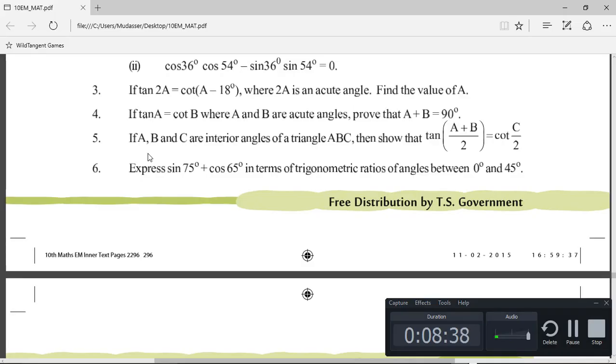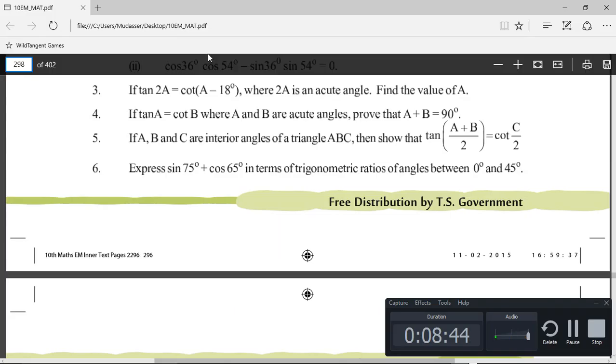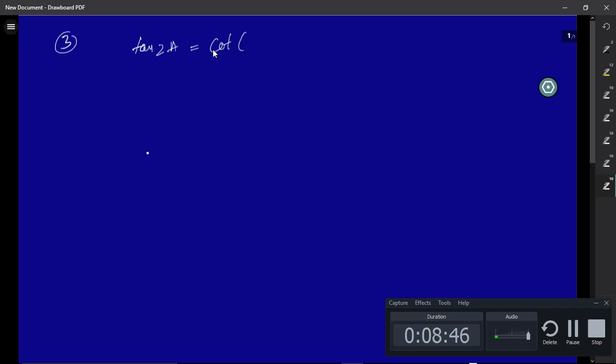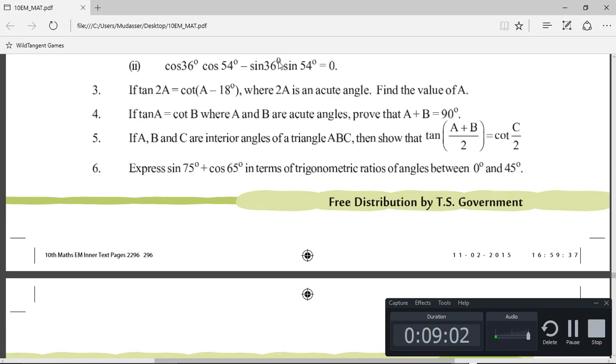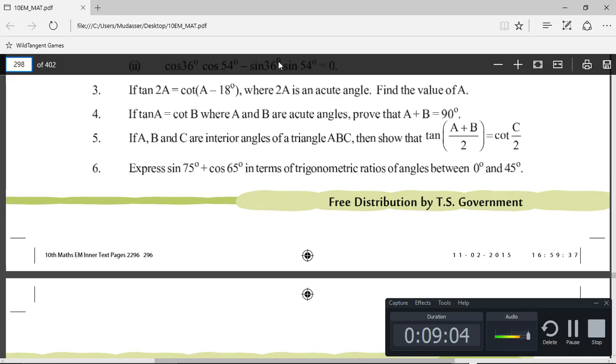If tan 2a is equal to cot of a minus 18 degrees, where 2a is an acute angle, find the value of a. 2a is an acute angle. What does it mean? An acute angle is an angle which is between 0 degrees to 90 degrees, right?